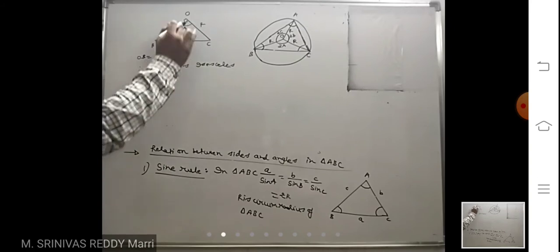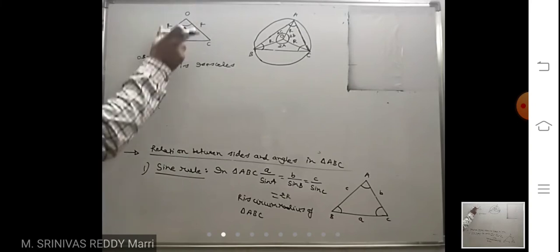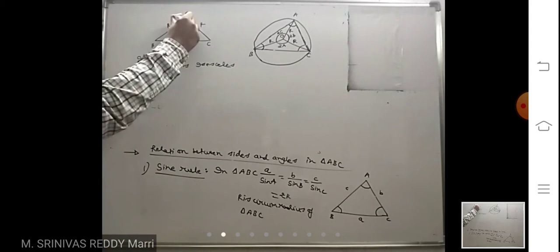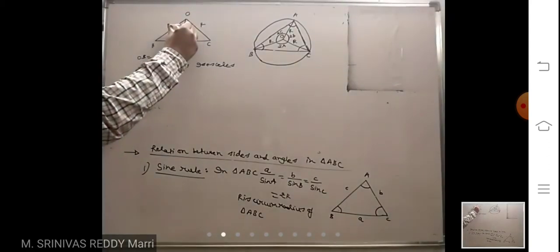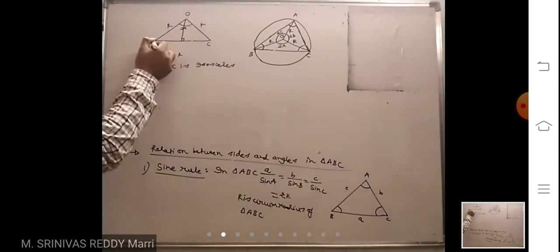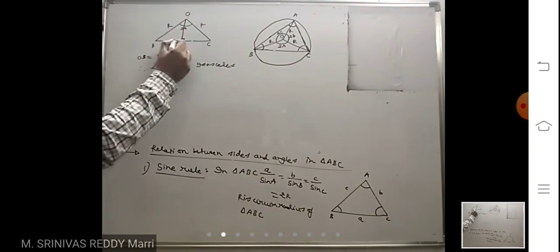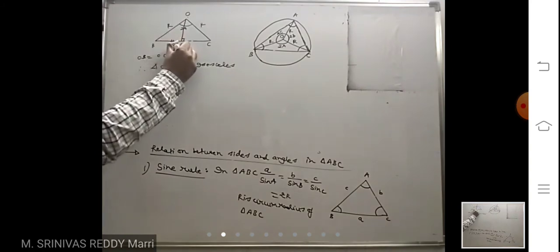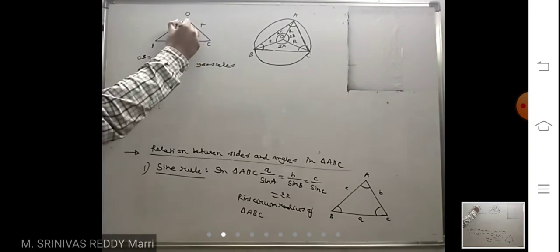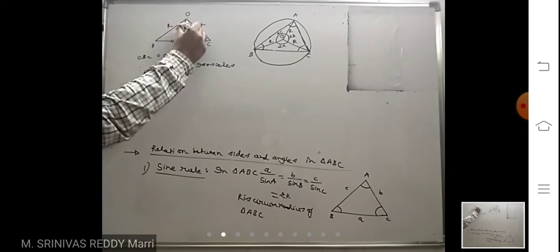Now look at, if I drop a perpendicular from this vertex upon base BC, this line will bisect BC as well as this angle. Let us say this is D. So D will be the midpoint of BC, and it will bisect this angle also.